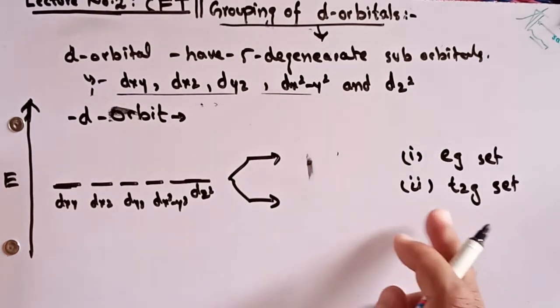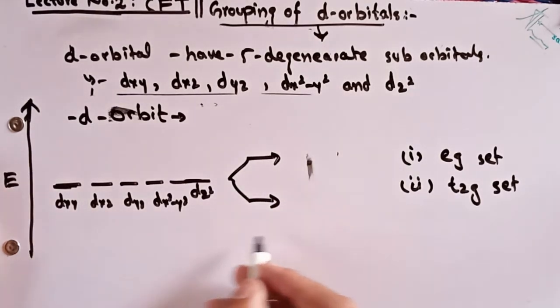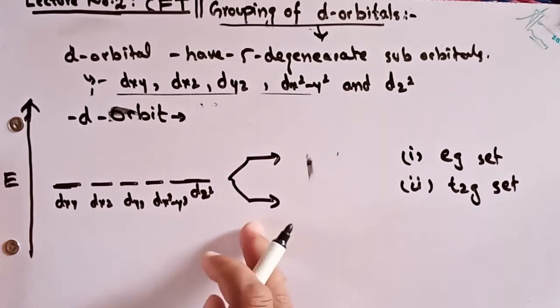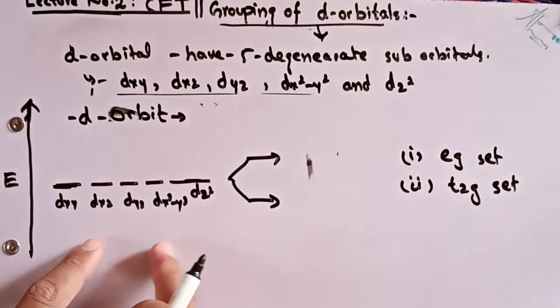Is that right? What is meant by eg sets? Why does this splitting occur? Why does this grouping occur?